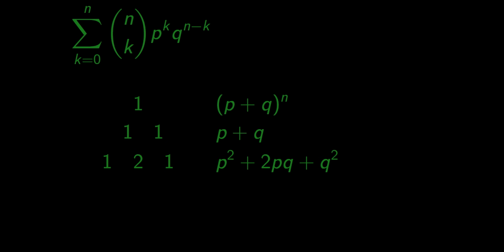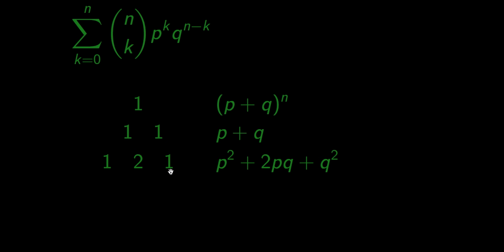These coefficients are also respective number of subsets of a set with n equal to 2 elements. To choose 0 is 1. There is only one way to choose 0 elements from 2. To choose 1 is 2. You can choose either the first element or the second element.